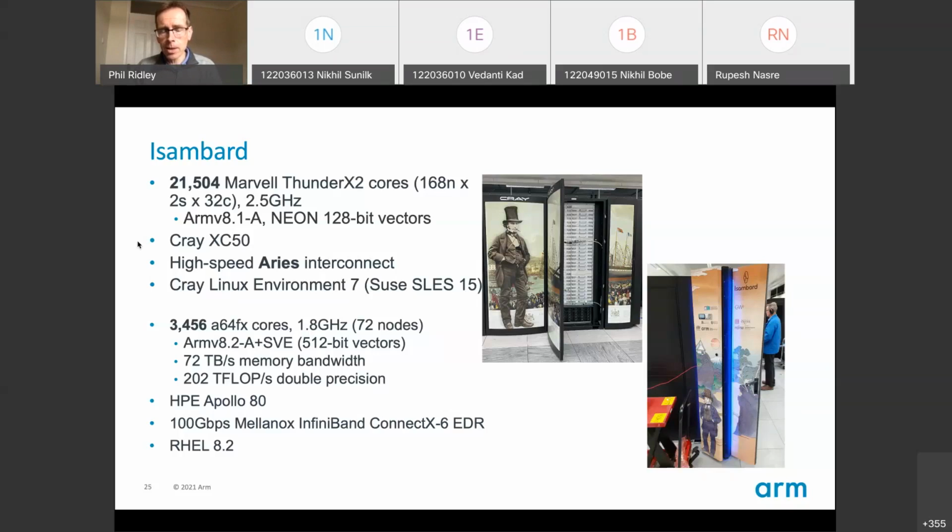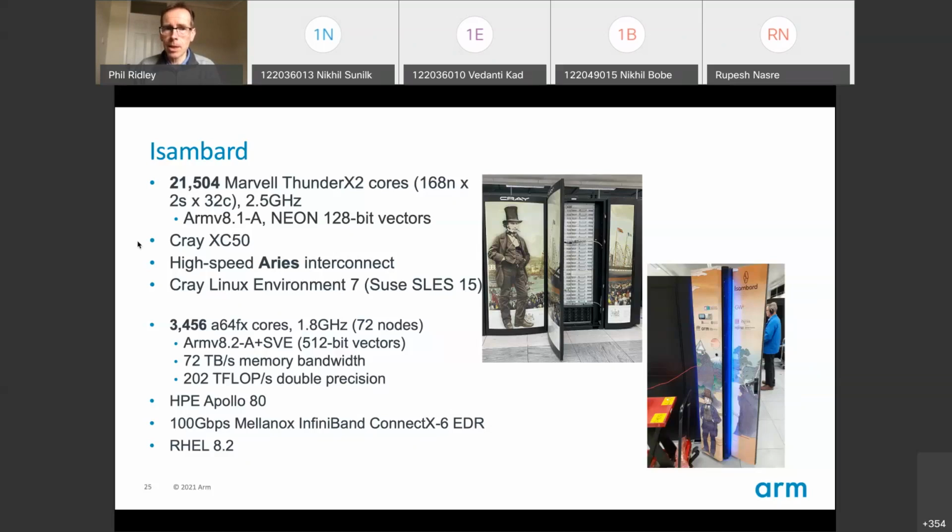Now, more recently, they've upgraded Isambard to include A64FX processors. So we now have a partition with 72 of these nodes with A64FX, giving the 512-bit wide vector registers as well. So a very powerful system. But the second partition, the ARM-based partition, is now based on an HPE Apollo 80.